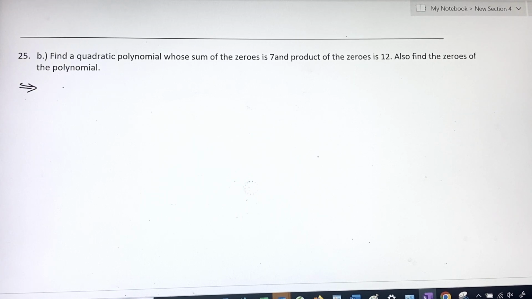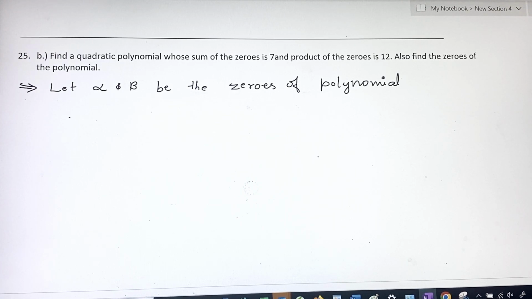So let alpha and beta be the zeros of the polynomial. Okay, zeros of the polynomial. Zeros are nothing but alpha and beta.